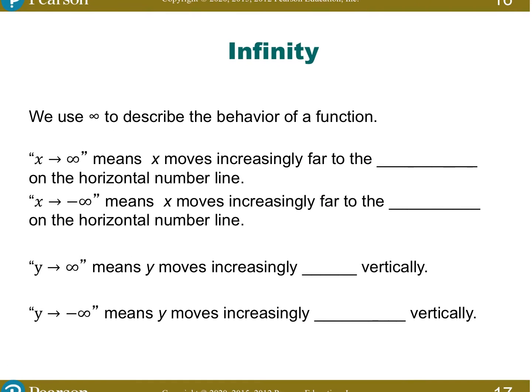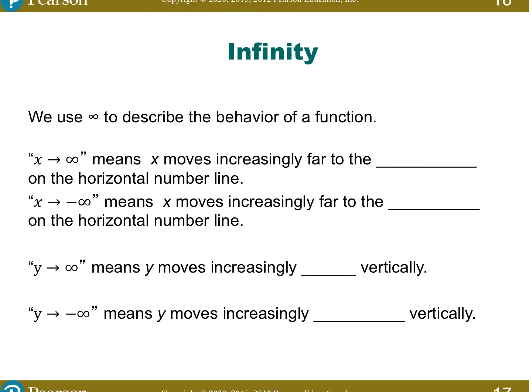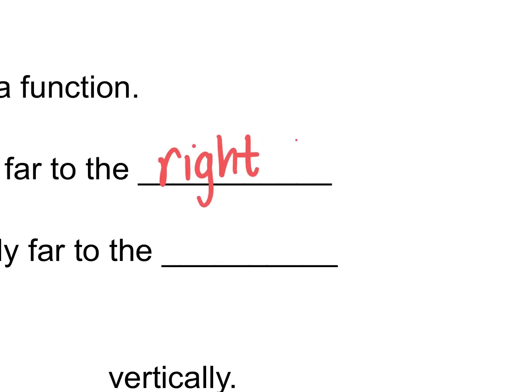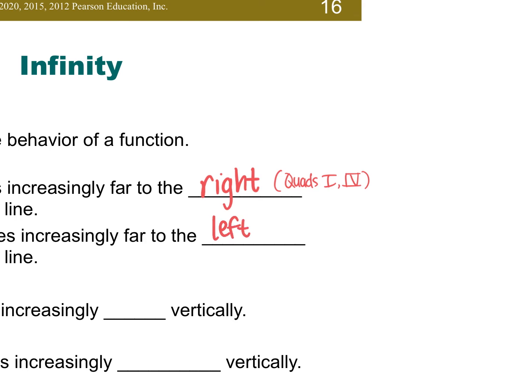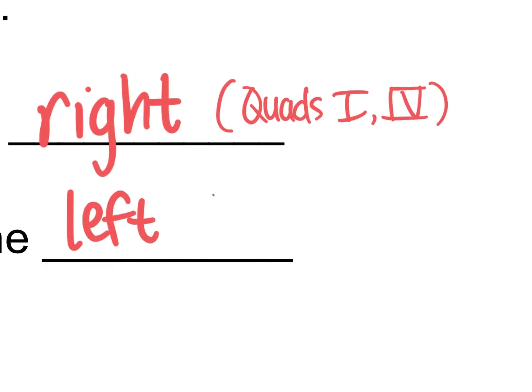So when we say x approaches infinity, it means that x is moving increasingly far to the right. I want you to think quadrants 1 and 4. And when we say x is approaching negative infinity, then we're talking about moving towards the left, which is quadrants 2 and 3.